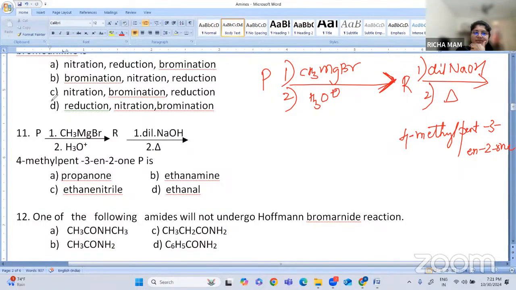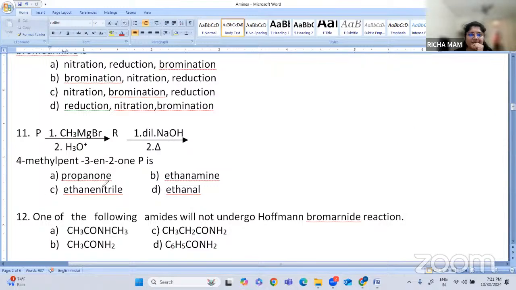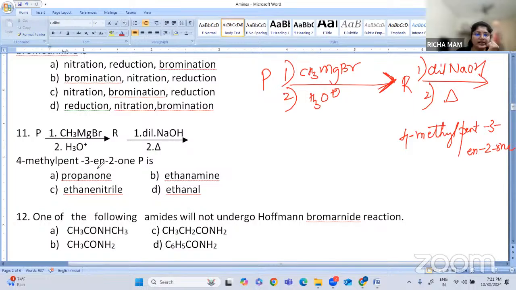So the first step is methyl magnesium bromide, which is a Grignard reagent, right? The options are propanone, ethanamine, ethane nitrile, and ethanol.